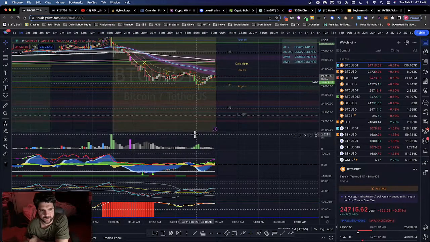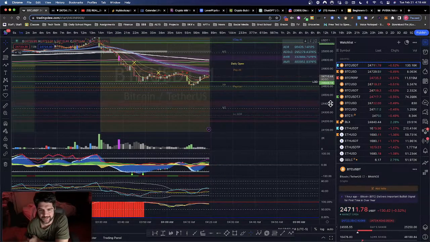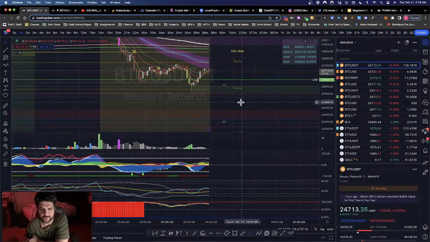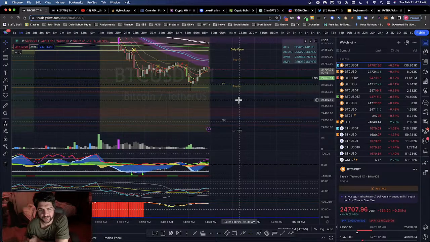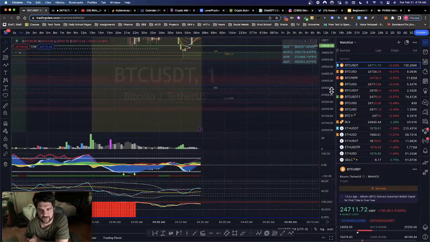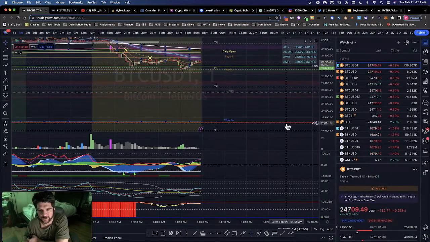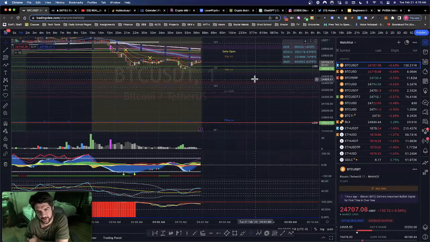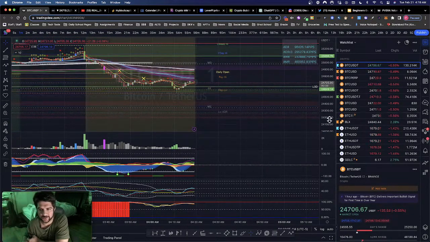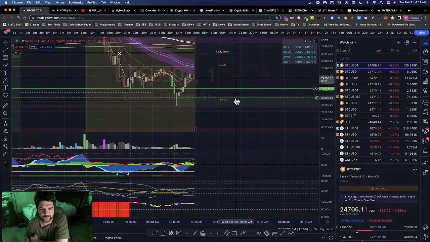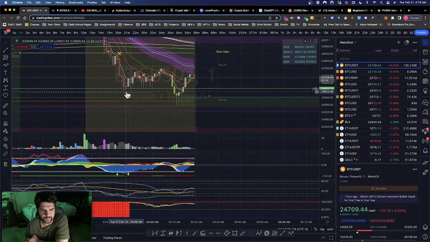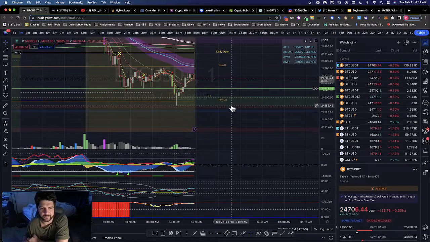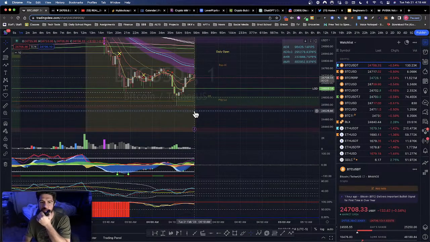There's 1 hit. There's 2 hits. I didn't get that 3rd hit. I should have waited for the 3rd hit, because this thing can come down to 24,200. The low of the week is really where I should have waited for. I like that pin, but that might not be the pin. That might just be the 2nd hit to the low.